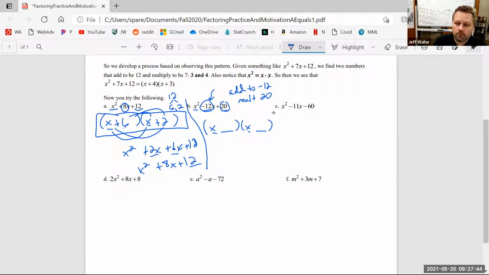No, they have to be the same sign. Since they add to be negative 12, they have to both be negative. I think it was Alariza who said minus 2, minus 10. Doesn't negative 2 and negative 10 add to be negative 12? And don't they also multiply to be 20? Yes, do you guys see that?